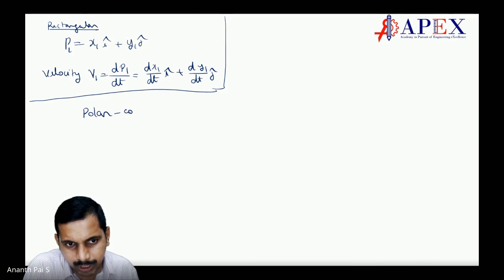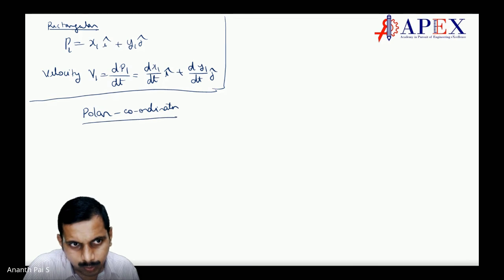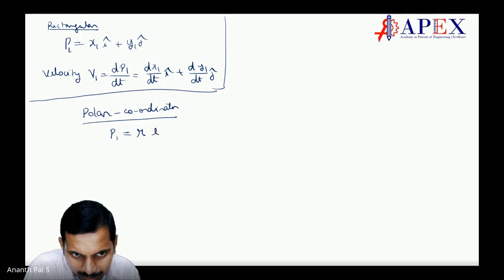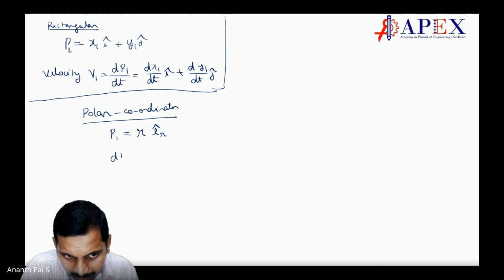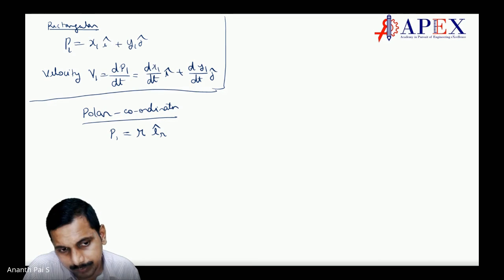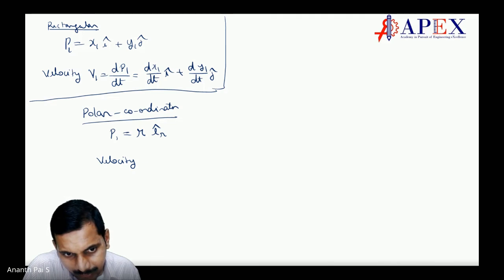If you take polar coordinates, what is P1? P1 is R into ER, correct? What is velocity now? V1 is dP1 by dt.